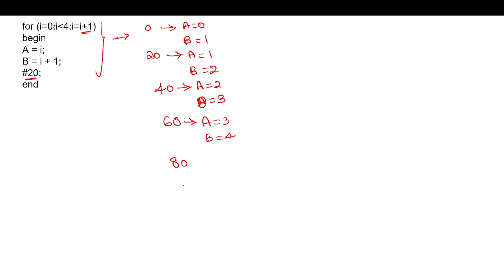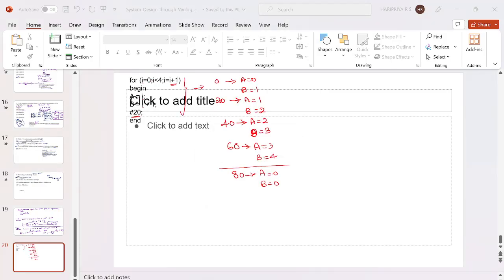So this loop will complete the execution here. So at 80, the next loop execution will start, which is again from A equal to 0, B equal to 0. So for that for loop, both A and B are equal to I values.